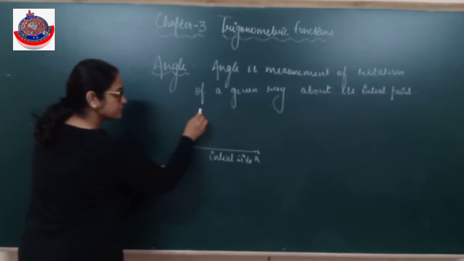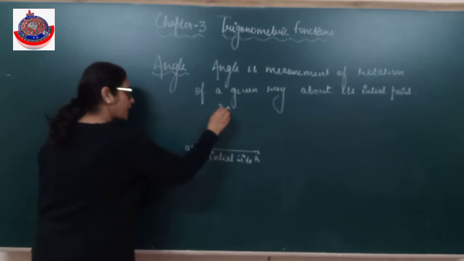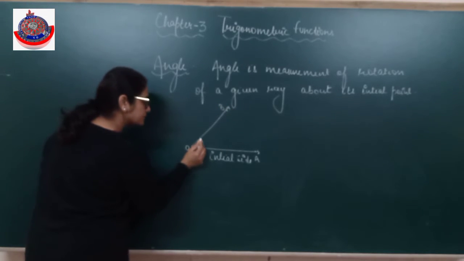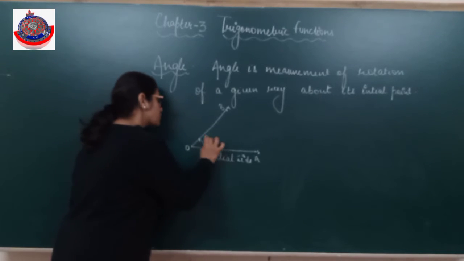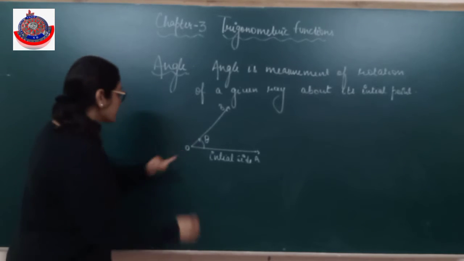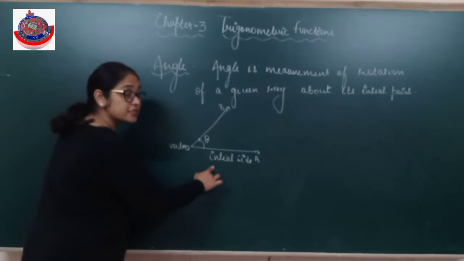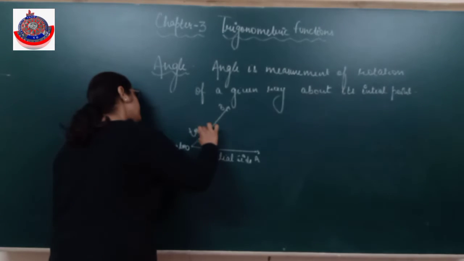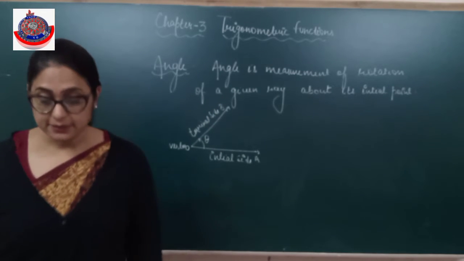From here, it goes up to here. So this measurement from here to here is called angle. This is called vertex. This is the initial side, it has reached to this, so this is called terminal side, and this is the angle.